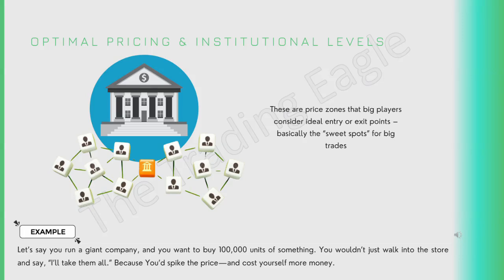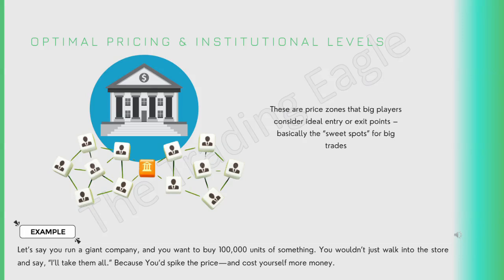So these levels often sit at previous highs or lows. You can find them inside order blocks or near fair value gaps, and they are actually pre-selected and engineered by the algorithm. They are not random support and resistance.